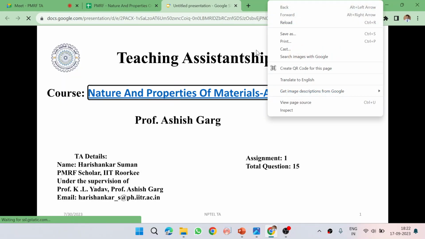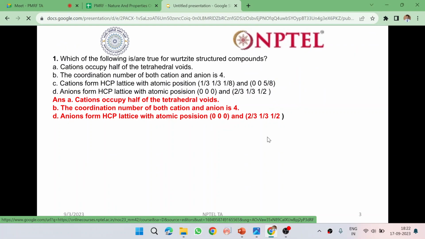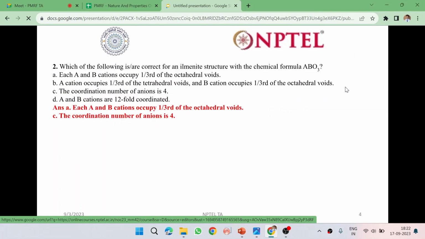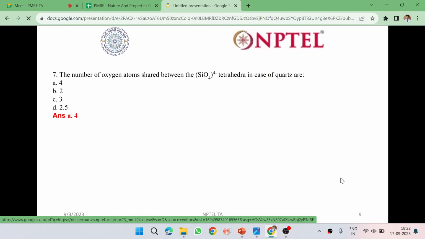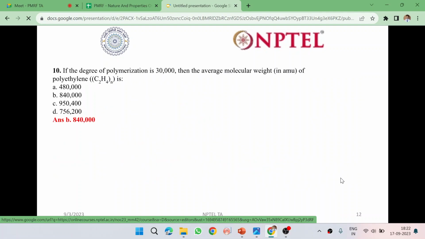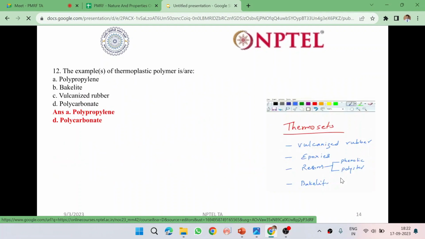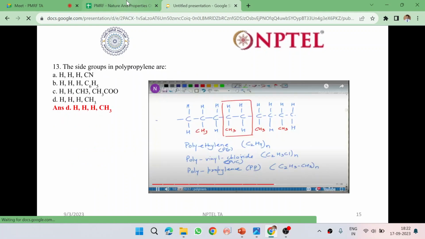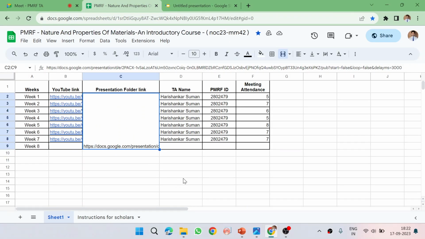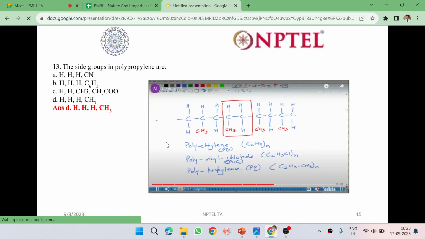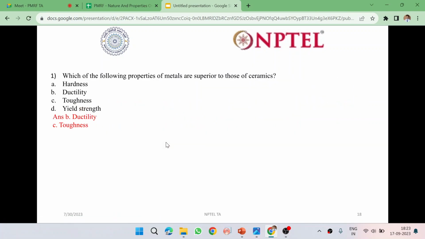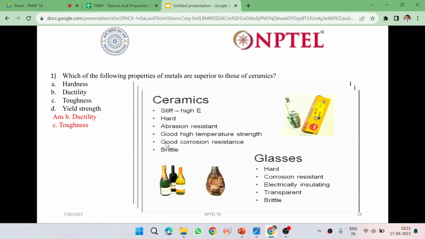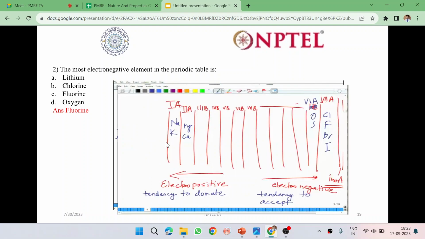One minute. Last time in the Google Sheet there were different links for different slides; this time it is merged into a single link.